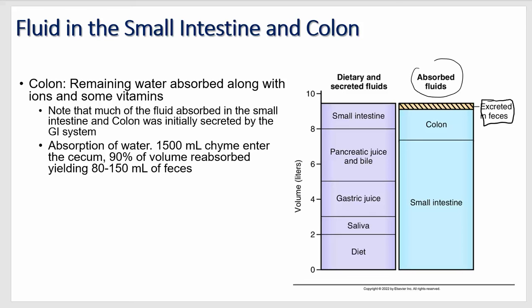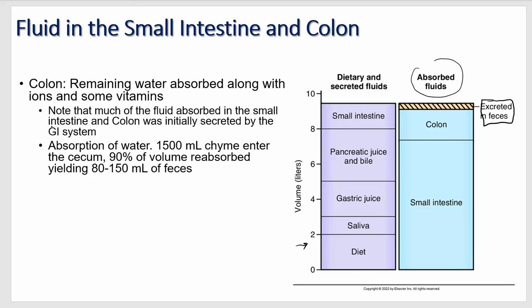Gastric juices, saliva. And then we have this smaller part down here of a couple of liters of water that we drink in a day. So we've got almost 10 liters, 9 to 10 liters, and really only a small portion of that is diet, and most of that is just quickly reabsorbed. It's just a carrier for the food to move through your intestines.